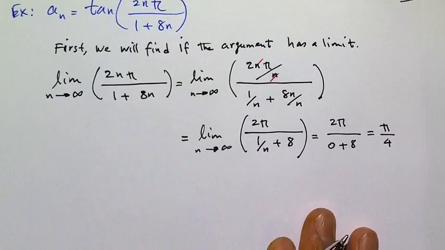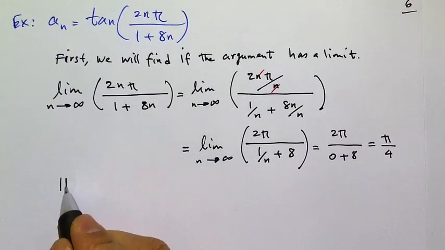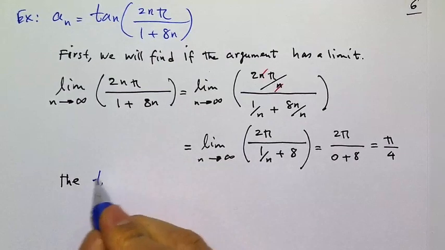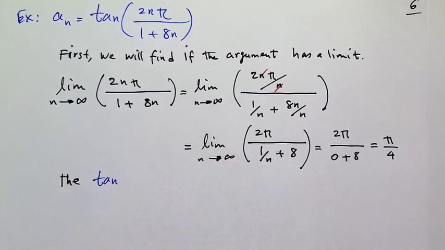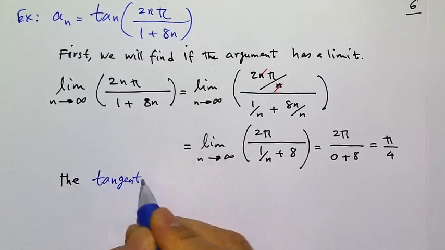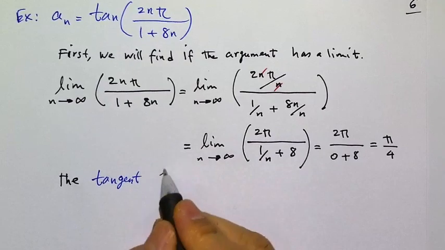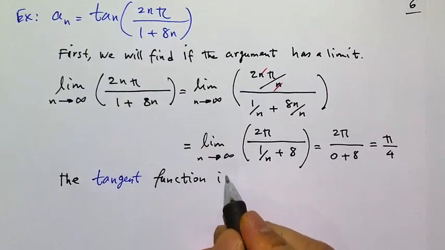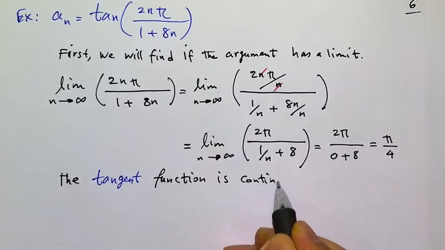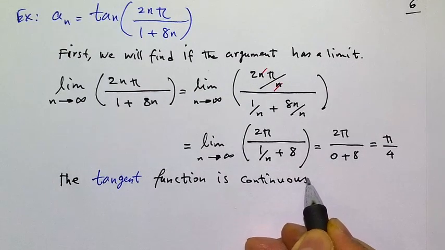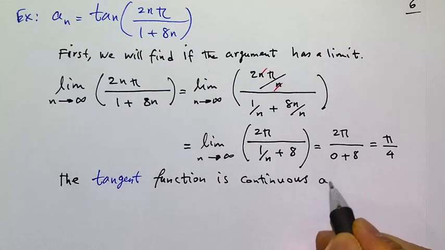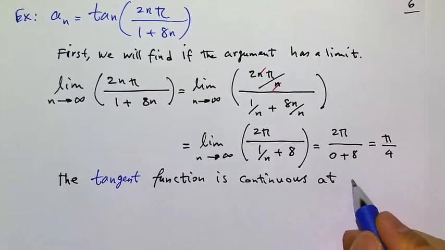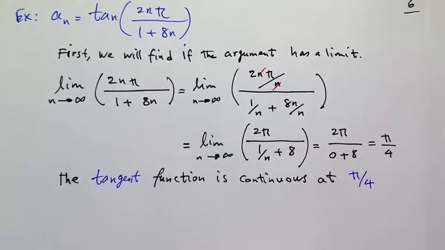I'll just write it here. The tangent function is continuous at pi over 4.